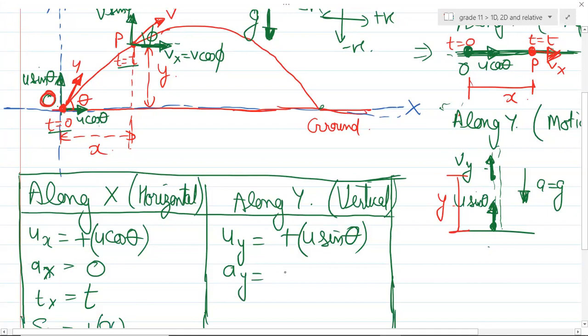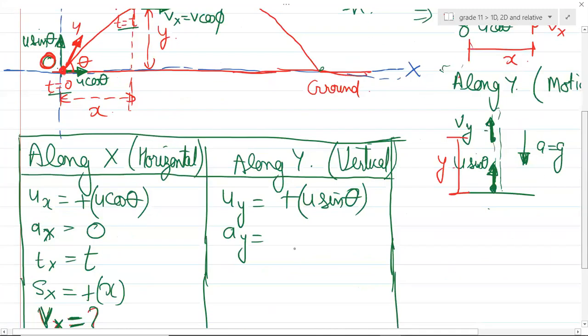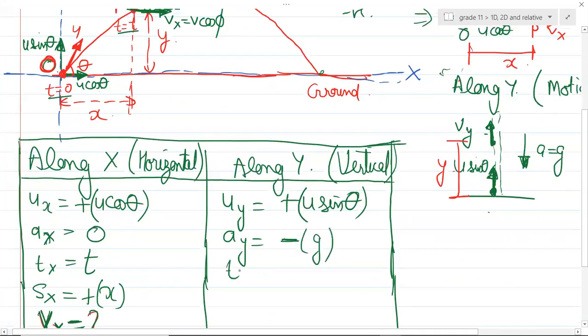So ay, what is the acceleration in the vertical direction? Is there any acceleration in the vertical direction? Yes, there is. Can't you see the cursor? I'm moving the cursor over that thing. It is negative g in the negative direction, the minus g. What about the time taken for y?